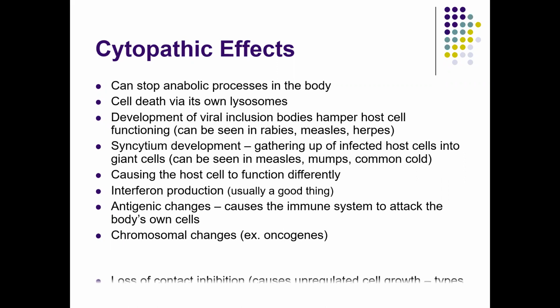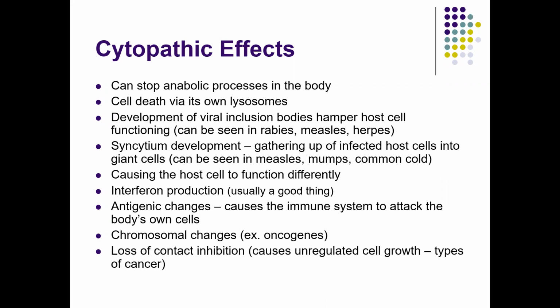And then another really fascinating concept is contact inhibition, which is also a connection to cancer, because cancer cells do this too. So cells that are infected with a virus or cancer cells, sometimes there's an overlap. Okay, they lose contact inhibition.